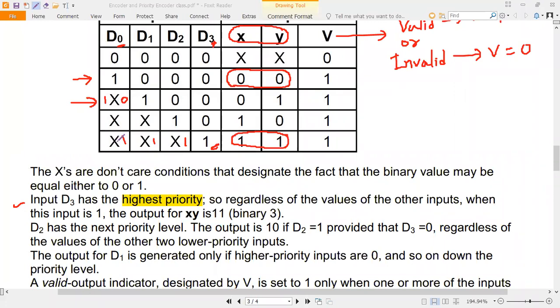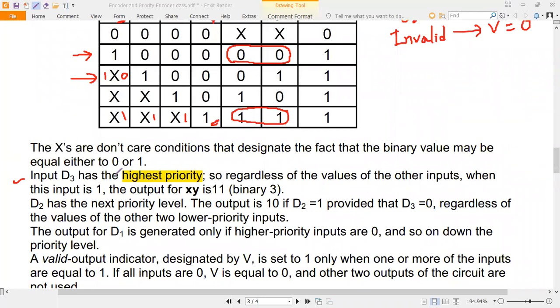So if all the inputs are equal to 1, D0 equal to 1, D1 equal to 1, D2 equal to 1, D3 equal to 1, the highest priority is given to D3, next D2, next D1, next D0. So as D3 equal to 1, we are going to get 1, 1, which is the binary equivalent of the number 3, right?